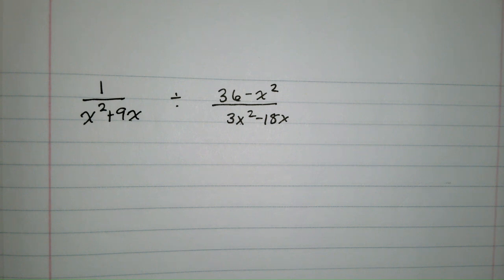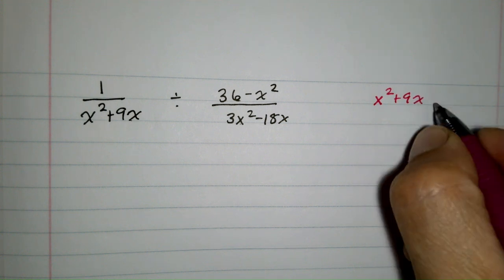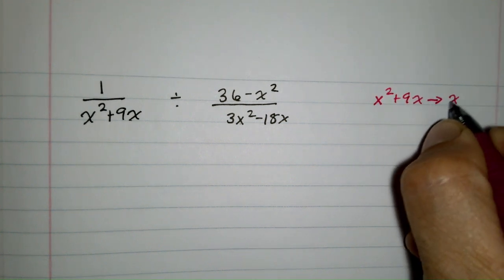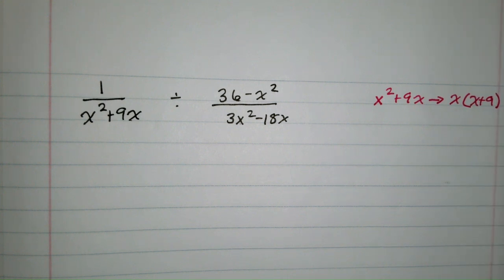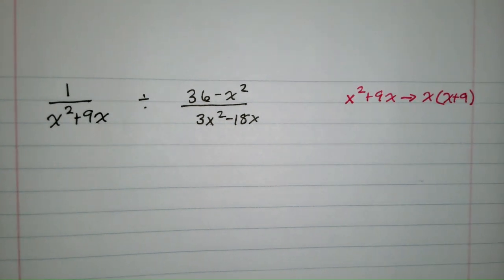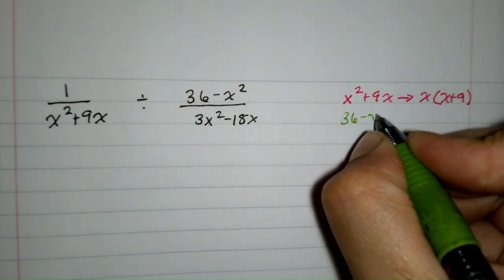So I'm just going to do the prime factorizations out to the side. X squared plus 9x has a GCF of x, which would leave me with x plus 9. (36 minus x squared).